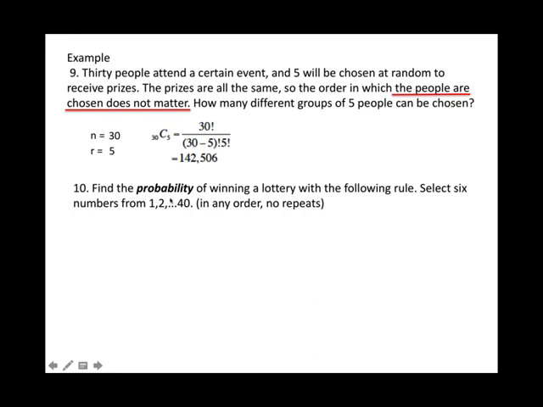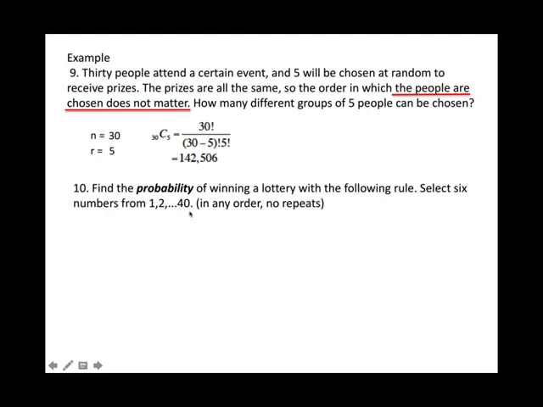So first, figure out what is the total outcome. What is your N and what is your R here? Are you going to use permutation or combination? We're going to use the combination, right? Because this is in any order, no repeat. So that will be the combination.